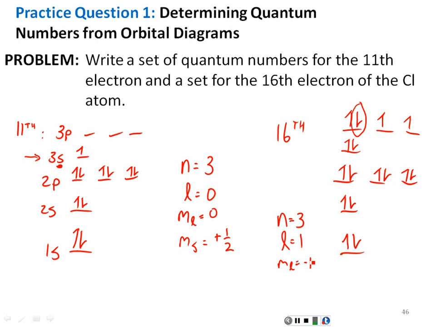I think you could write that as -1, 0, or 1, but let's just say that will be -1, this will be 0, and that will be 1. Let's see, m sub s now, it's the second electron added to that orbital, so it's going to be a -1/2 for the spin quantum number. So there are the 4 quantum numbers for the 11th and the 16th electron in the chlorine atom.